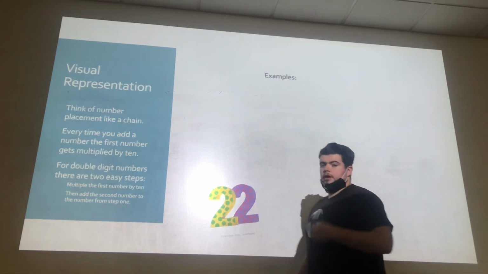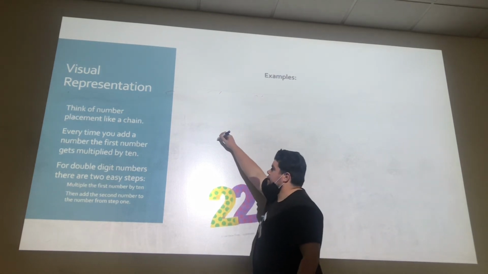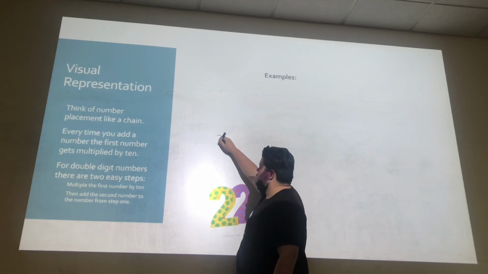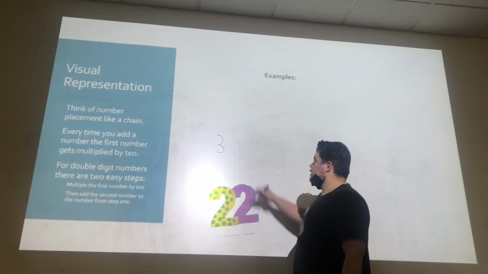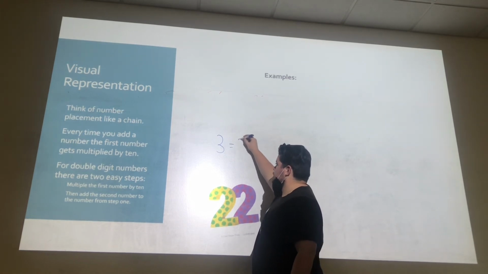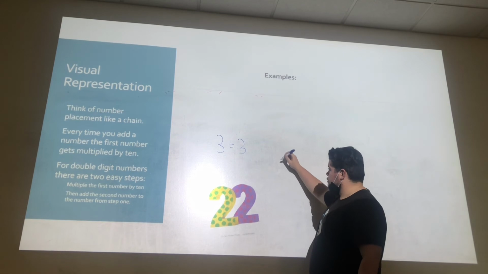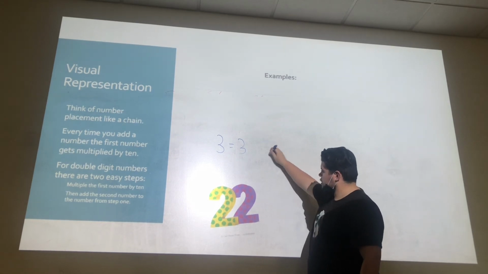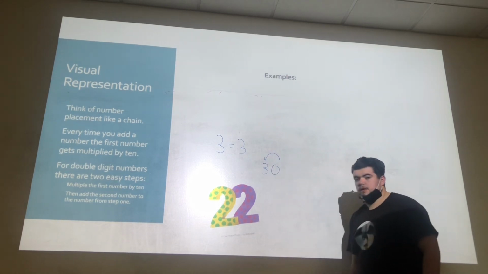Okay, so let's try different numbers. Let's say we have 3. Okay? We have a 3, and that is equal to 3. And then we're going to move the 3 out one place, and we're going to put a 0 behind it.